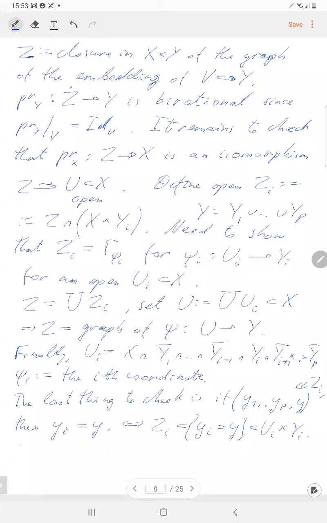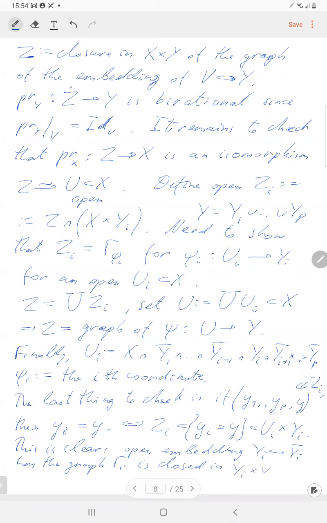Okay, and this is clear, because we have an open embedding of Y_i into its closure, and if we take its graph, gamma, or maybe gamma_i, then it is closed in Y_i times Y_i bar, and is the closure of the diagonal.